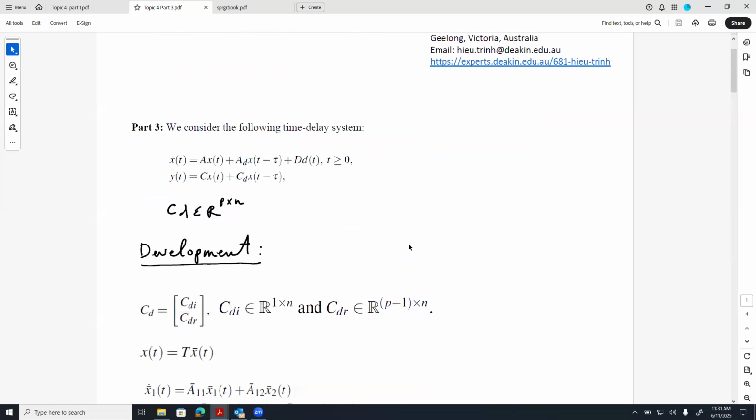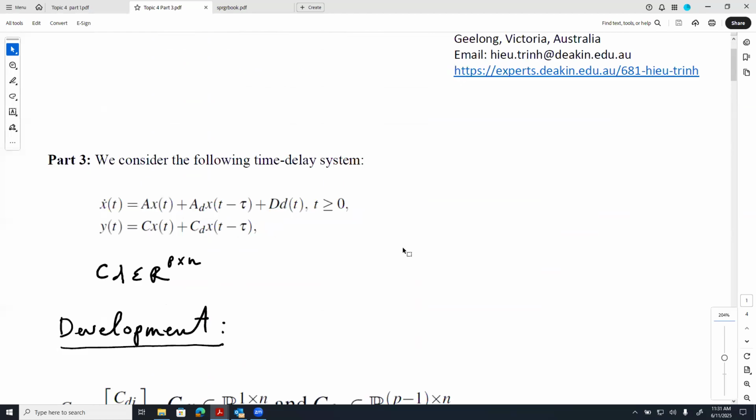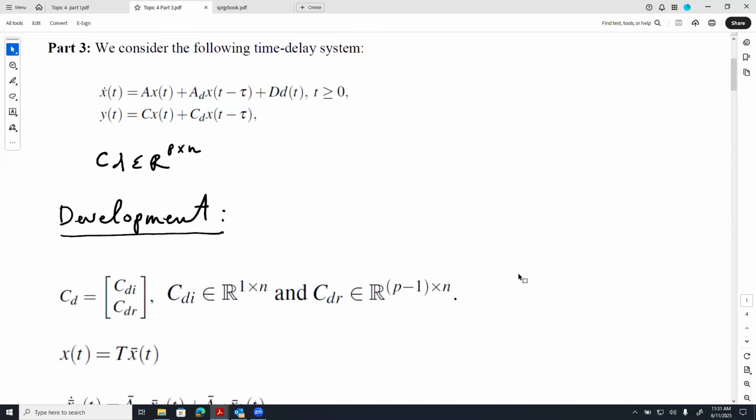So let me recap what's happening so far. We consider a time delay system with an output measurement vector depending on this delay stack vector. And then we look at the decomposition of the unknown input. By the way, we only consider one unknown input; later on, we also consider multiple unknown inputs. But for the time being, it's just a single unknown input.